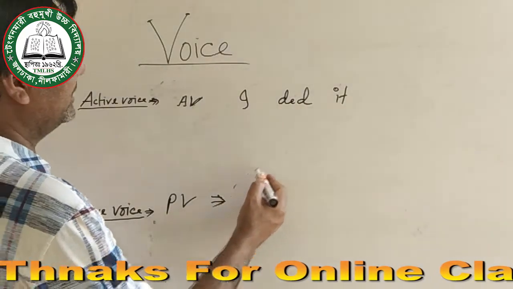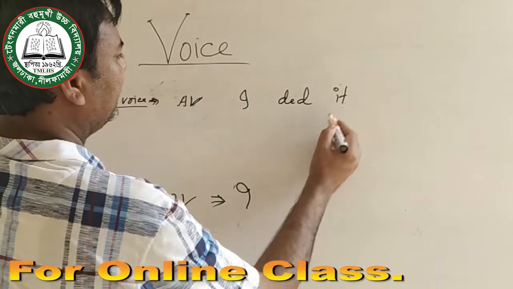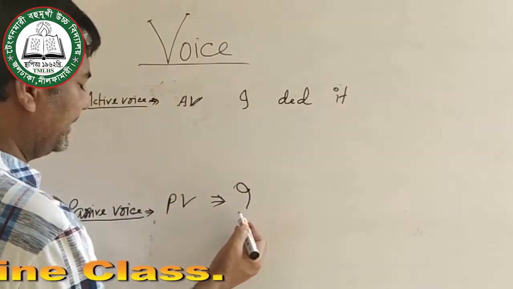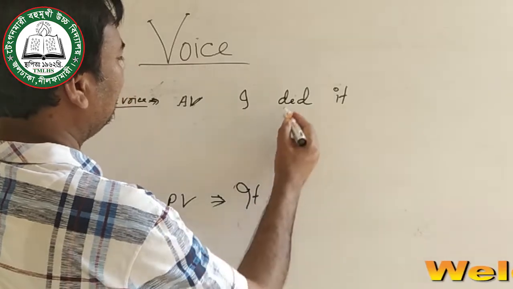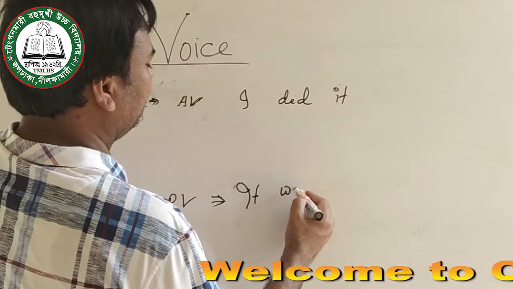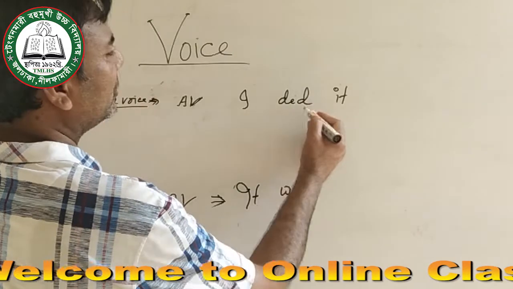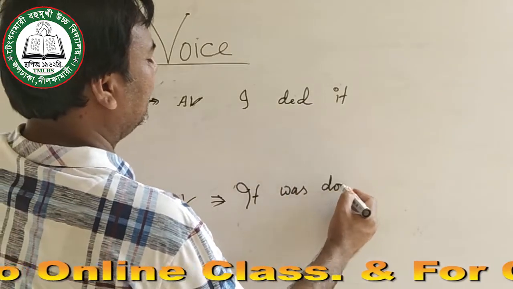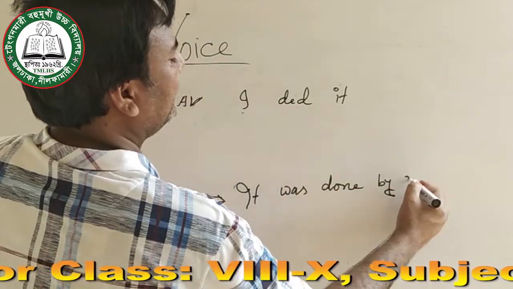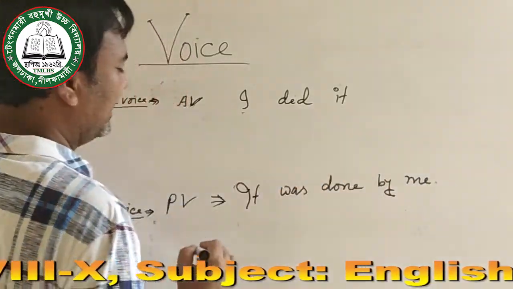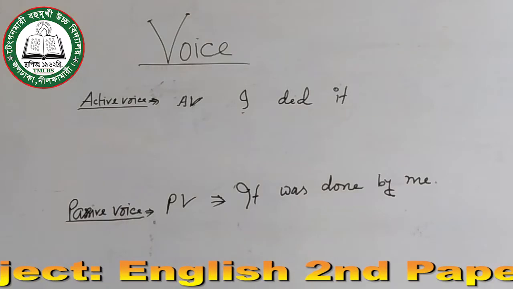Now, my dear student, it is object. The object will be subject of passive voice, it. Okay, and after that we will use was. It was. Do, did, done. Past participle, done. Next preposition by. Here is I and me. It was done by me.